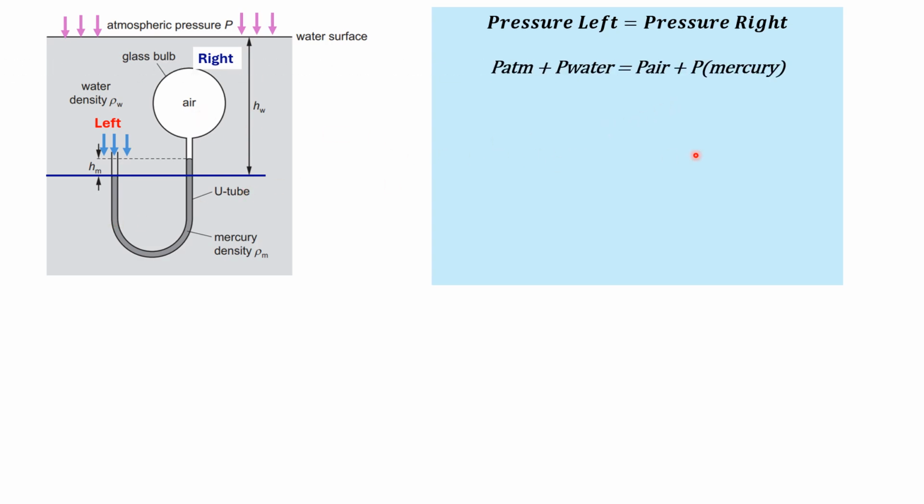All right, so now let's call the atmospheric pressure just P. So the pressure of the air is equal to P, the atmospheric pressure, plus the pressure in the water, minus the pressure of the mercury.